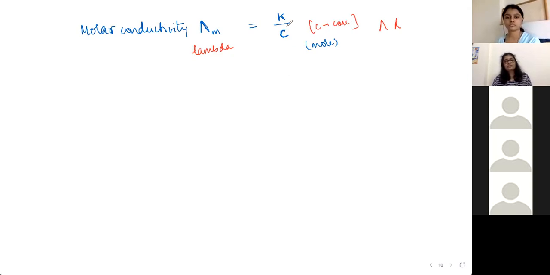In this case also, you need to be very careful with the units. If you take concentration as moles per liter or per meter cube, and conductivity also, whether it's in centimeters or meters, you need to ensure that all your units are uniform.